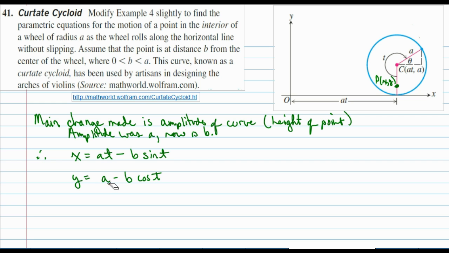And then y is going to be just A, still the height of the center of the wheel is the radius, but then we're going to subtract now a new amplitude B cosine of t. And of course that would have to be for a B, a new distance from the center of the wheel that is smaller than the radius.